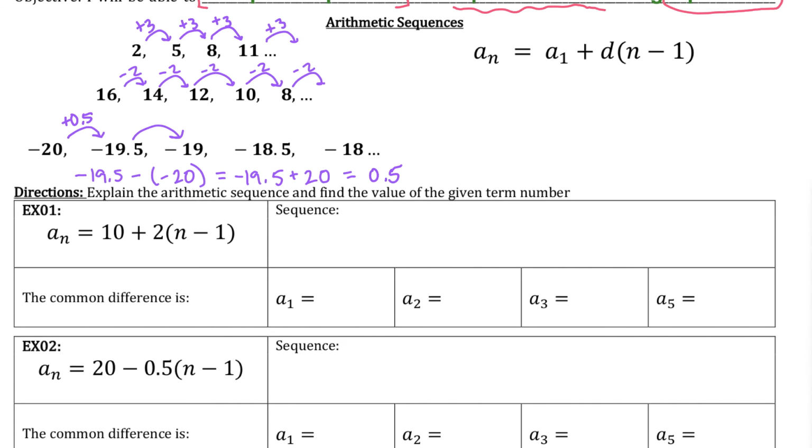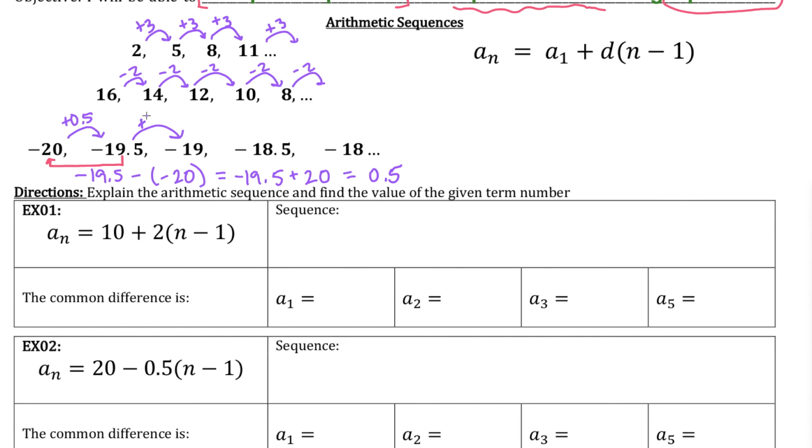Remember, we subtract going this other way, just so you know. We always subtract going backwards. If we're trying to find out what we're doing to go to the right, then we go to the left. So we would do 19.5 minus negative 20. Or we could subtract negative 19 minus negative 19.5, and so on and so forth.